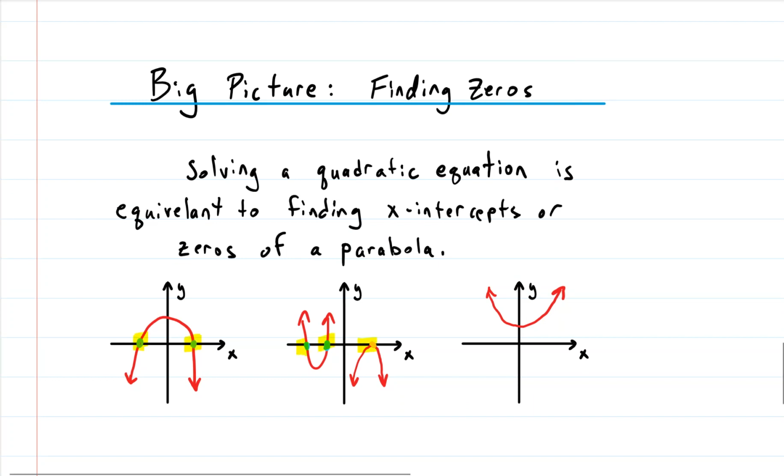When you solve a quadratic equation, your answer is an x-intercept, and a zero is a different name for an x-intercept. So all we're doing is finding where the curve crosses the x-axis. If there's no solution, then that means your curve did not touch the x-axis, as you see here on the right-hand side. So big picture, solving quadratic equations, all you're doing is finding x-intercepts. That's it.